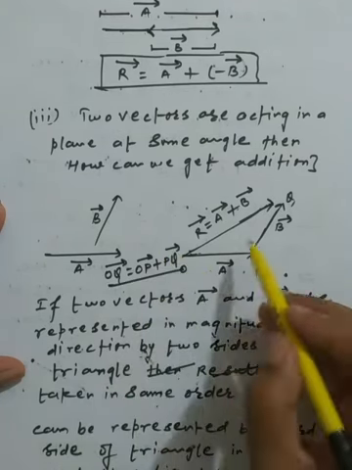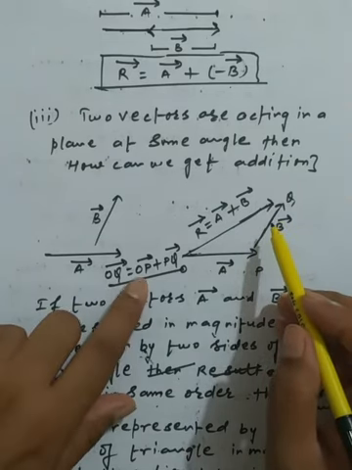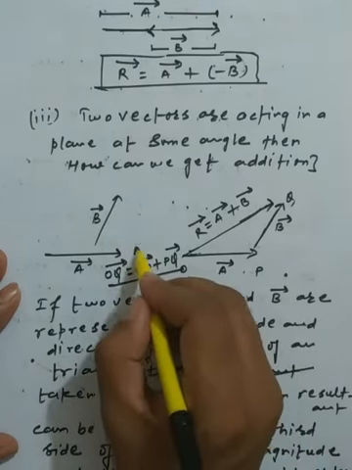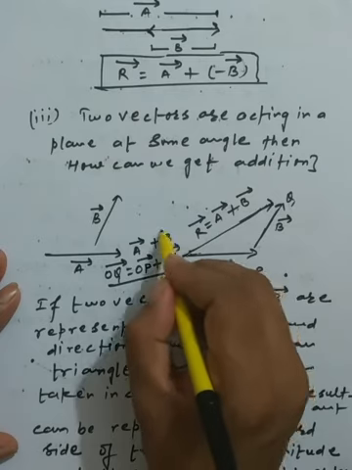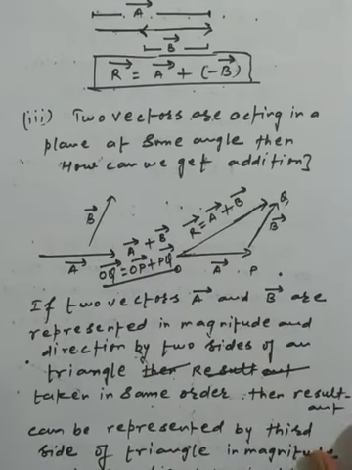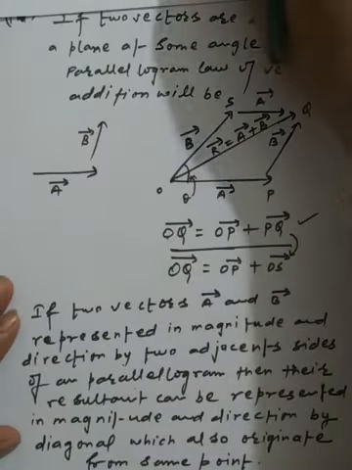So the resultant is represented by the side OQ. It is the sum of the two vectors, OP, which is simply the vector A, and PQ, which is simply the vector B. So in addition we can go with two basic rules: first, the triangle law of vector addition, and second, the parallelogram law of vector addition.